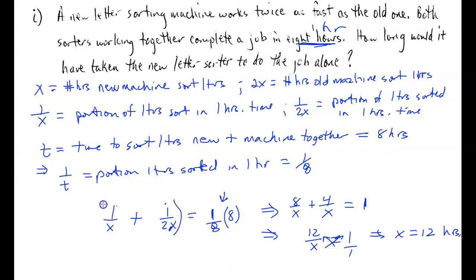So here we could do the same thing on this side. From an equation solving standpoint, I would want to multiply both sides by 8 anyway, because I would want to get rid of this fraction here.